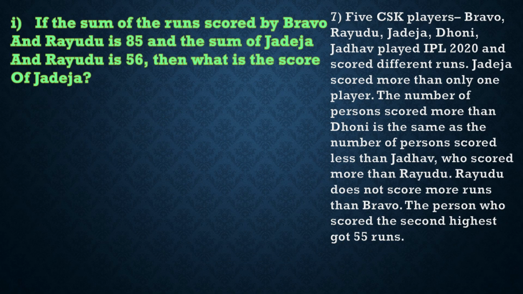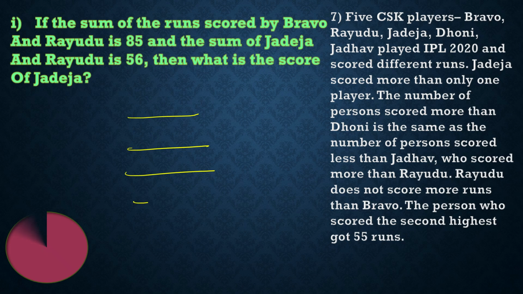Seventh question on your screen and your timer starts now. Five CSK players Bravo, Raidu, Jadeja, Dhoni, Jadhav played IPL 2020 and scored different runs. Jadeja scored more than only one player. 5 players are there. 1, 2, 3, 4, 5.